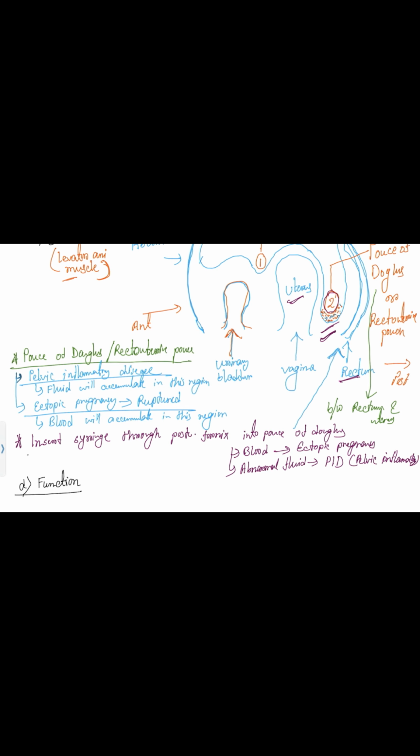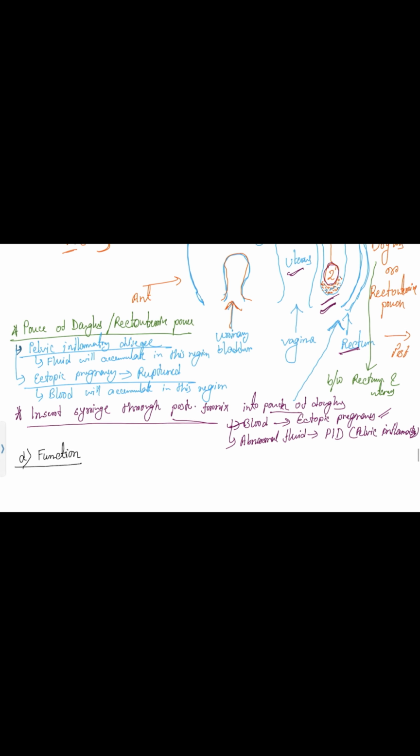Then healthcare workers insert a syringe through the posterior fornix into the pouch of Douglas, okay. If they find blood, they will diagnose it as ectopic pregnancy, or we can say a case of internal hemorrhage. And if they find any abnormal fluid, they will diagnose it as pelvic inflammatory disease. So that is the whole concept of the pouch of Douglas.